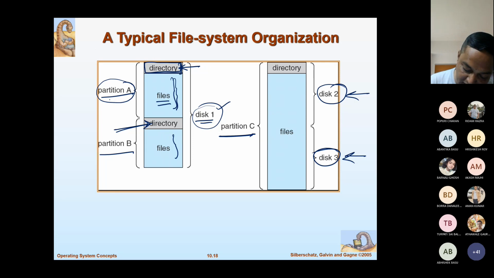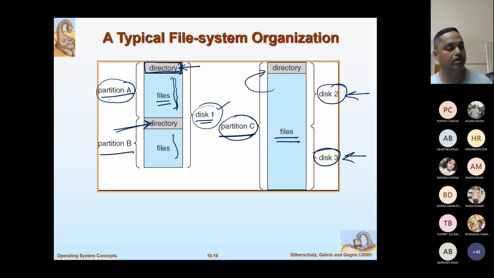So all the files available in partition C, this directory structure will be here only. This directory structure is the content page of the files stored in partition C.